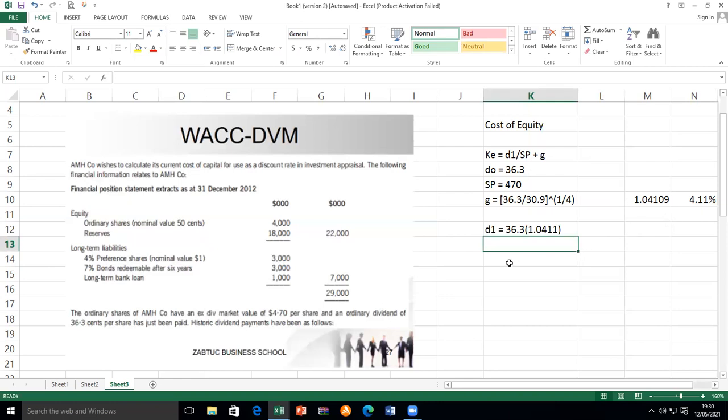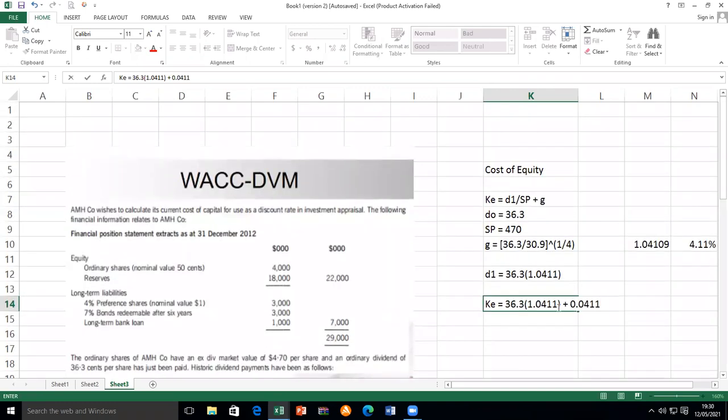Okay. So the cost of equity then equals the dividend after 1 year, at 6.3 brackets 1.04, plus 0.04, divided by 470.